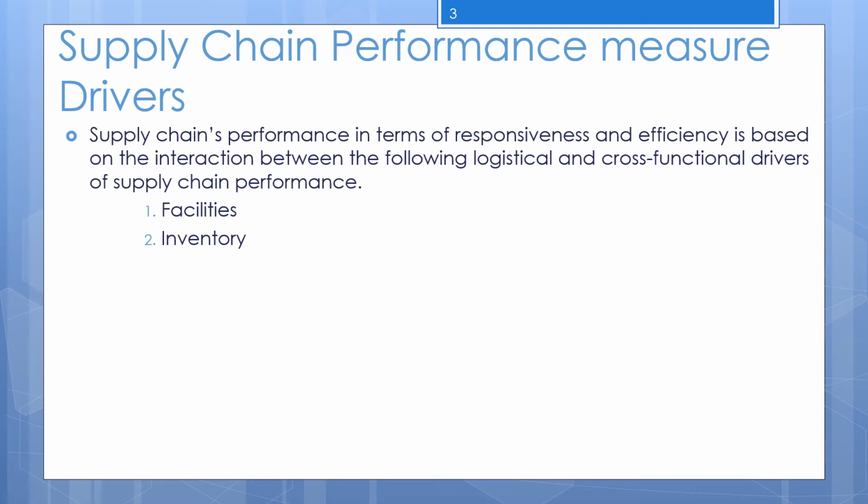For example, companies can gain economies of scale when a product is manufactured or stored in only one location. This centralization increases efficiency. The cost reduction, however, comes at the expense of responsiveness, as many of the company's customers may be located far from the production facility.